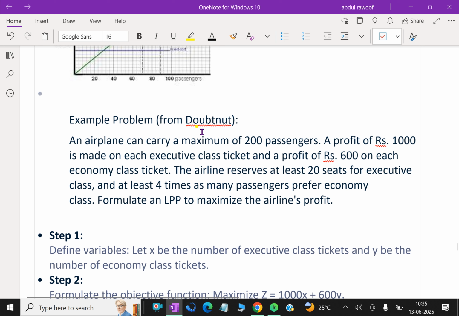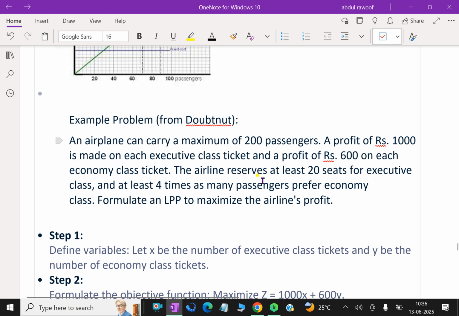And for example, look at this example problem. An airplane can carry a maximum of 200 passengers. A profit of rupees 1000 is made on each executive class ticket and a profit of rupees 600 on each economy class ticket. These are the two cases of profit.